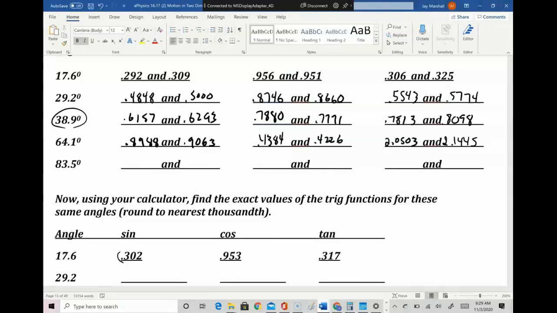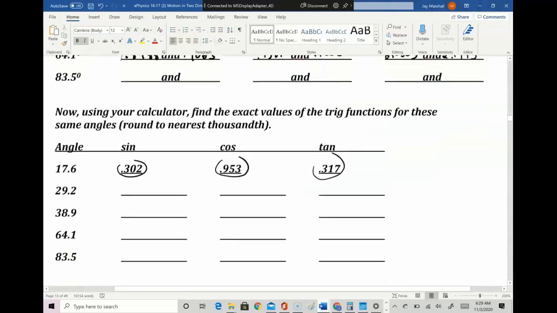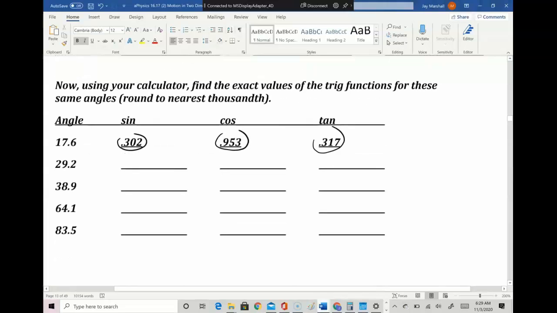So 0.302 you can see is between 0.292 and 0.309. 0.953 is between 0.951 and 0.956, and 0.317 is in fact between 0.306 and 0.325. I'm just going to let you do those yourself. Okay, so go ahead and do that.